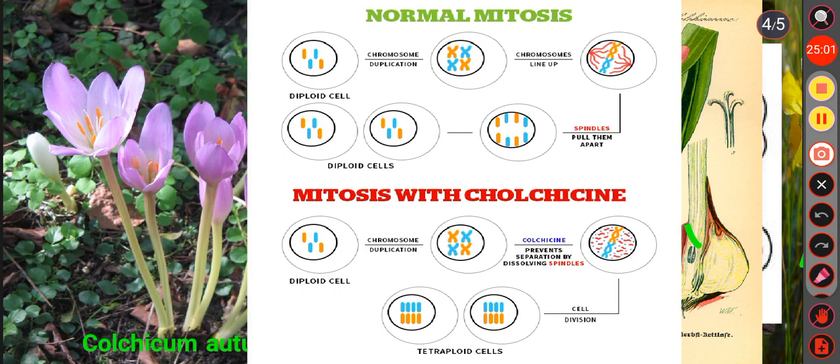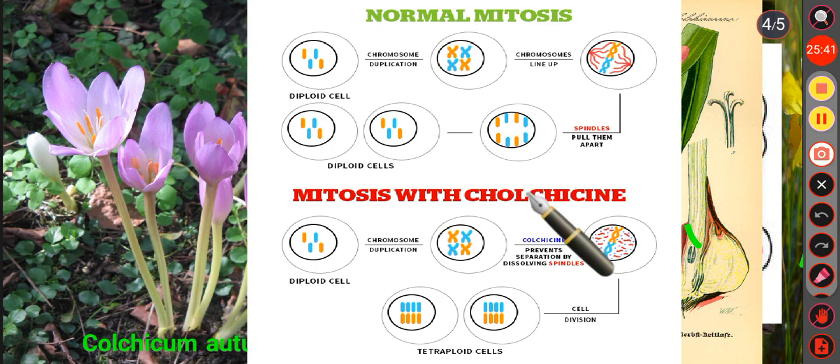How does colchicine induce polyploidy? See this slide. We know in normal mitosis what happens? The spindle fiber formation occurs and the chromatids of each chromosome are separated equally. So at the end, in the daughter cell, the number of chromosomes is equal to its mother cell, right? But when mitosis occurs with colchicine, it means when colchicine is applied in the cell, what happens? It prevents the separation by dissolving the spindle fiber.